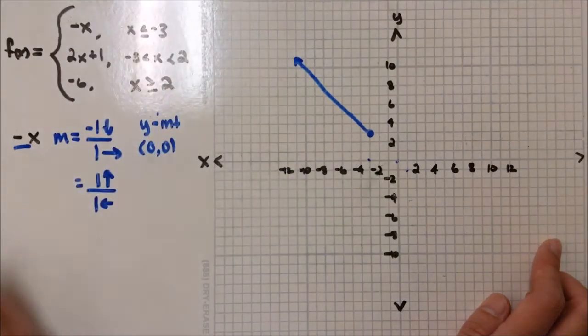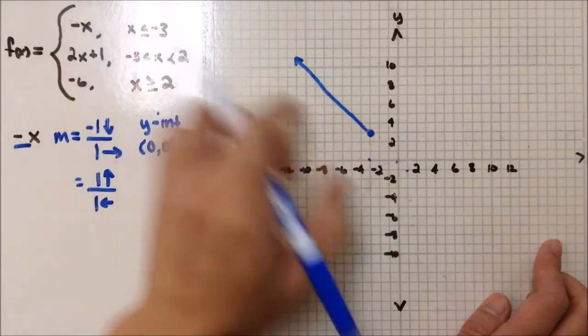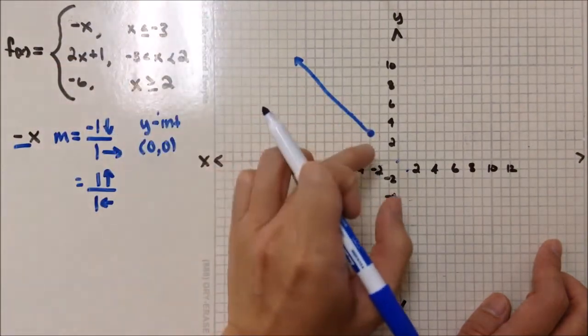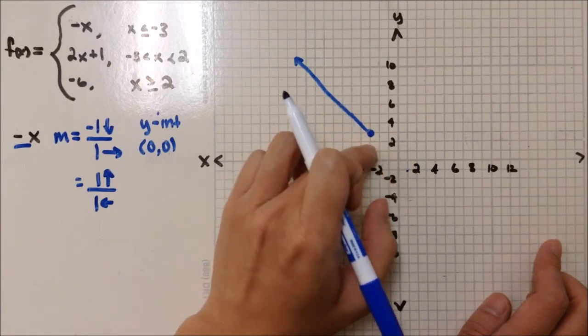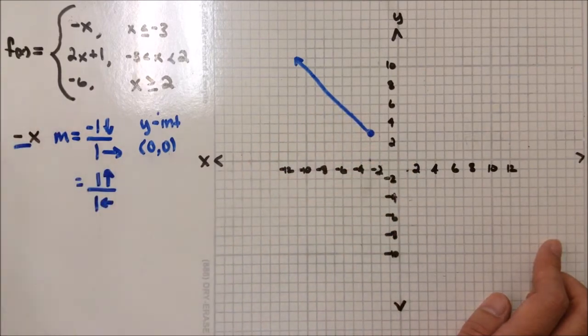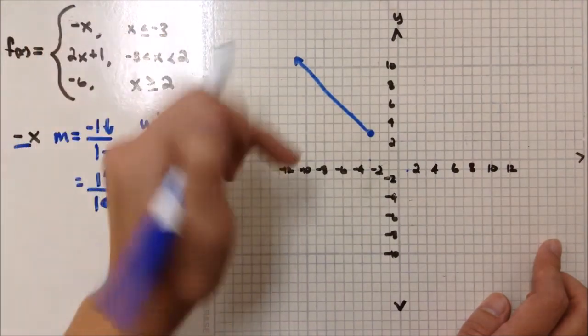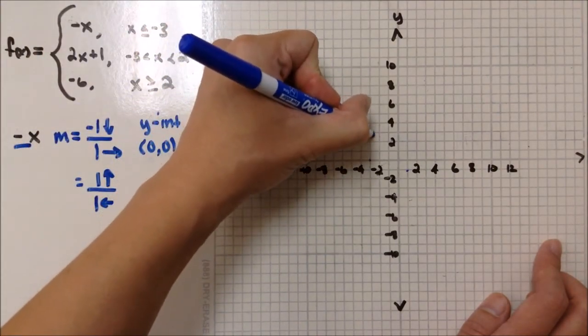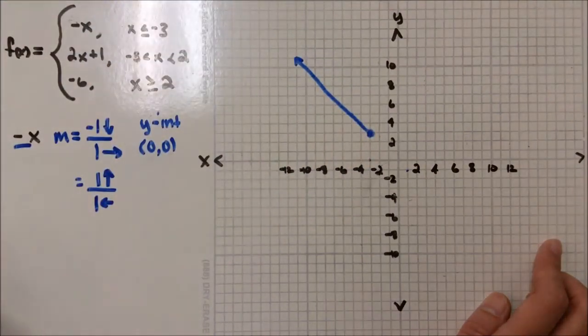Straight line. Alright, so again, anything less than negative 3, the graph will be shown. Anything more than negative 3, it won't be shown. So I'm going to take away all these points. Now, that's the graph for negative x, where x is less than or equal to negative 3. And again, at negative 3, it's a closed circle.